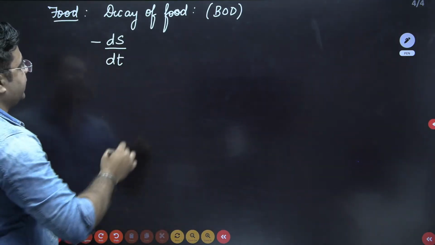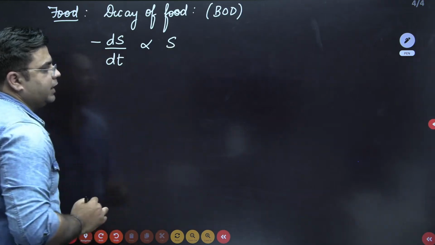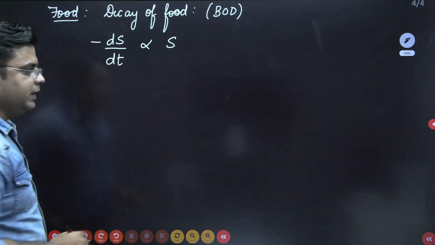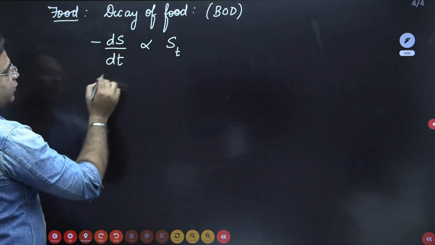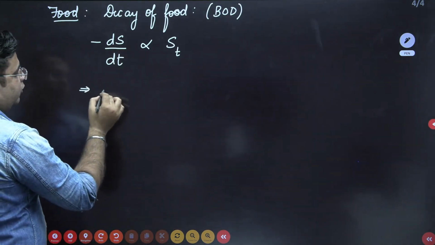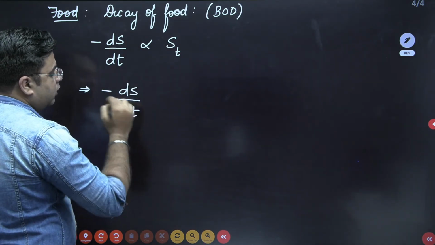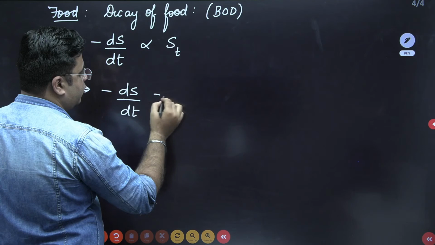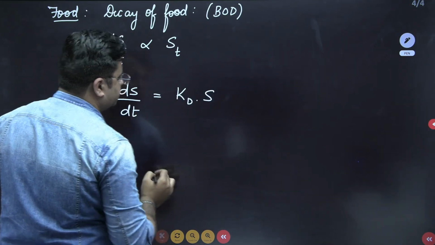Minus dS by dt is directly proportional to the BOD present after any time t, that is S. S is nothing but the BOD after any time t. When you remove the proportionality sign, you have minus dS by dt equal to Kd into S.